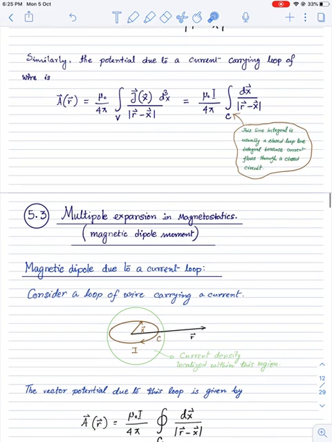Before I proceed, let me mention one point which I kind of missed saying before. You might wonder how we can say that there is a steady current, but there is no charge density. As I said, there can be static charge densities as well, and we'll solve the electrostatic problem separately. But in general, when current is flowing through a wire, there is no charge density, but there is a current density.